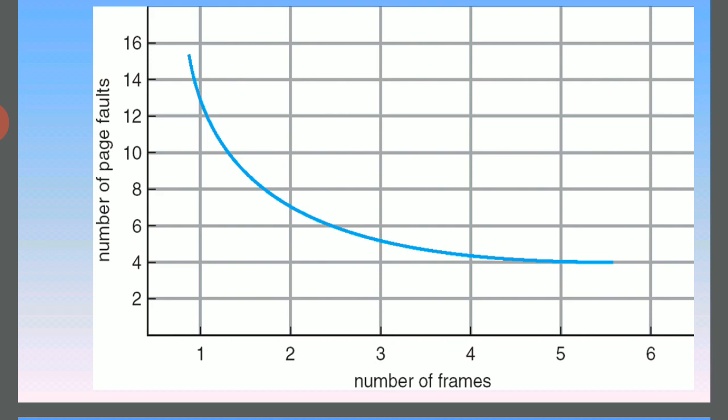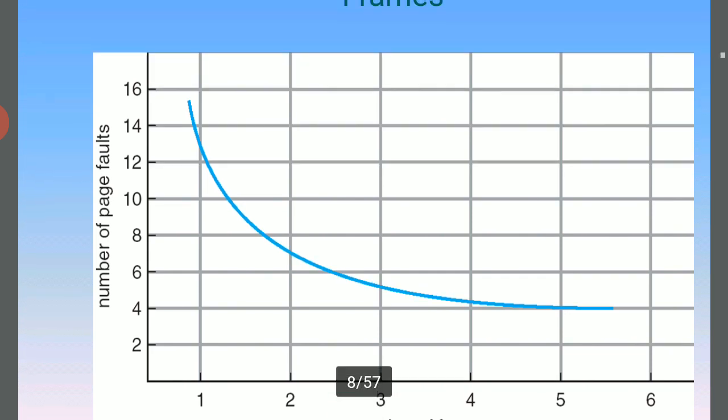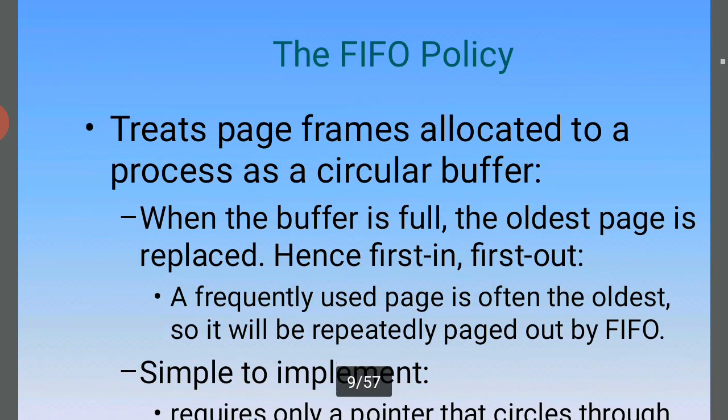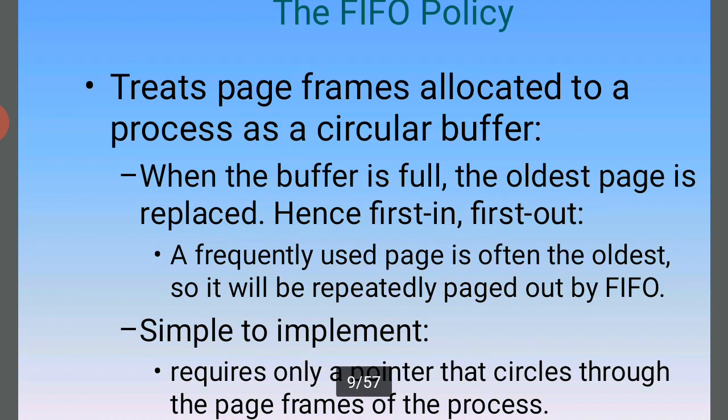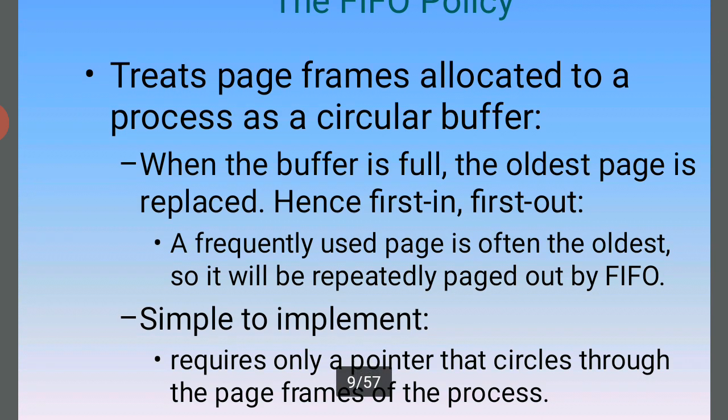Here see the number of page faults and the number of frames for the FIFO policy. FIFO is first in first out. The first page is replaced, and the second page comes in after the first page. It treats the page frames allocated to a process as a circular buffer. When the buffer is full, the oldest page is replaced, hence first in first out.